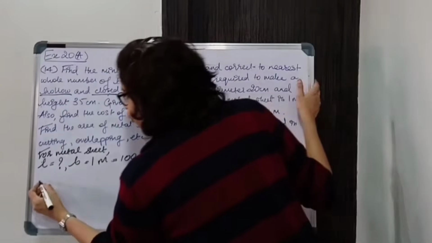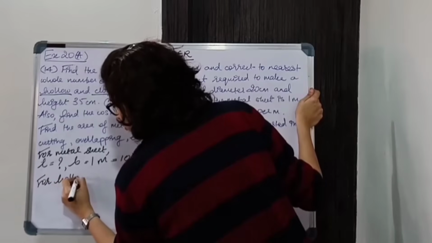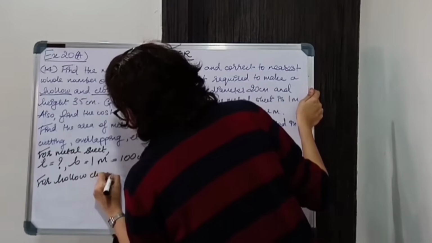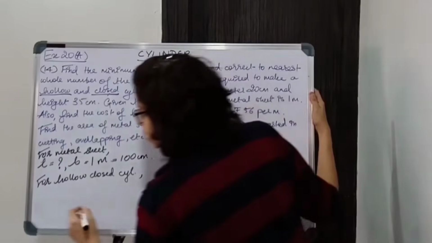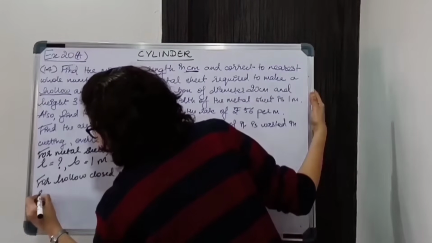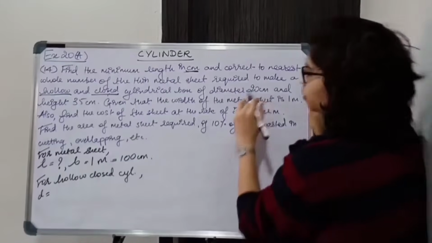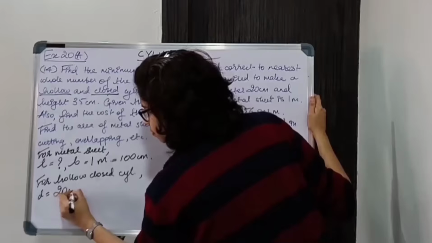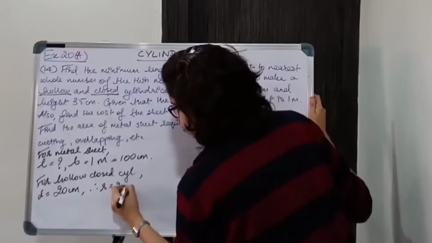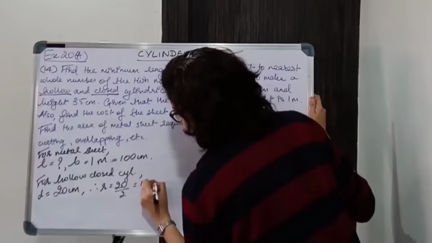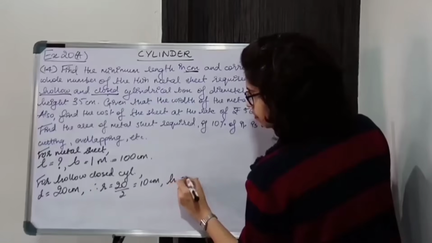Now for the hollow closed cylinder, we are given the diameter, not radius. Diameter बोला गया है 20 centimeter. Okay, therefore radius क्या हो जाएगा 20/2, that gives 10 centimeter, and the height, that is 35 centimeter.